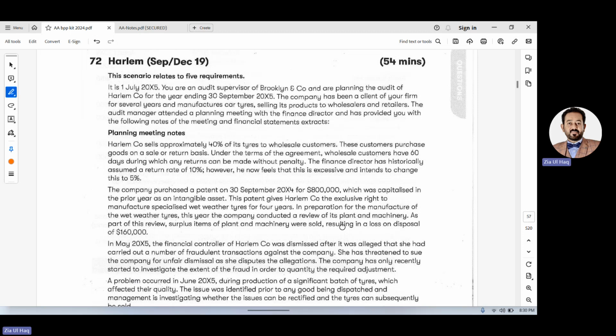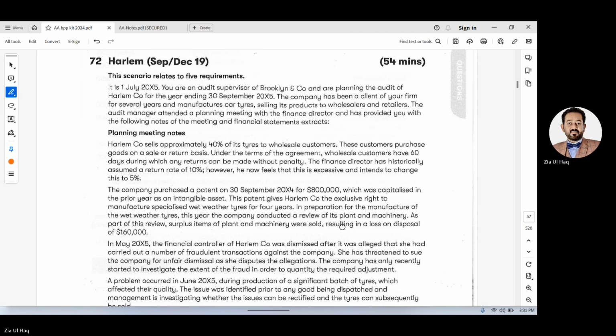These customers purchase goods on a sale or return basis. Under the terms of the agreement, wholesale customers have 60 days during which any return can be made without penalty. The finance director has historically assumed a return rate of 10%.